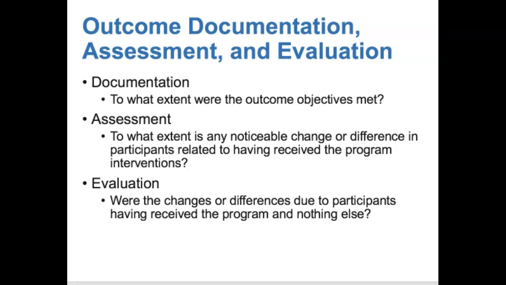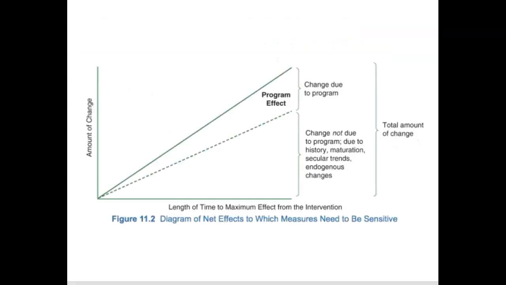Answering this question will require an outcome evaluation because we're trying to detect changes solely due to the program. Data collection and sampling must be very rigorous and similar to that conducted in a clinical trial. Figure 11.2, which is shown here, is a diagram of the net effects to which measures need to be sensitive.